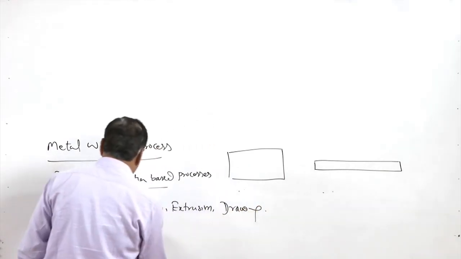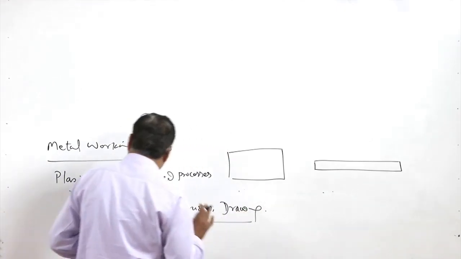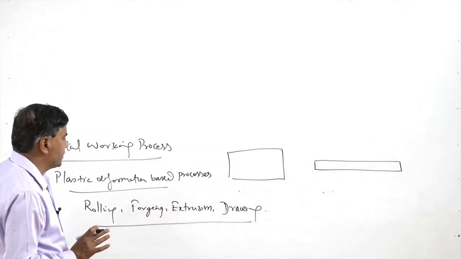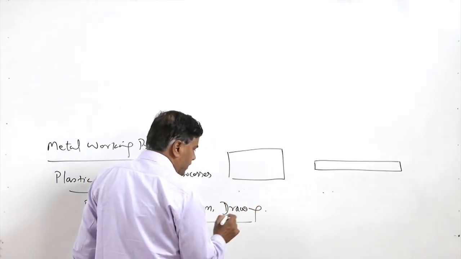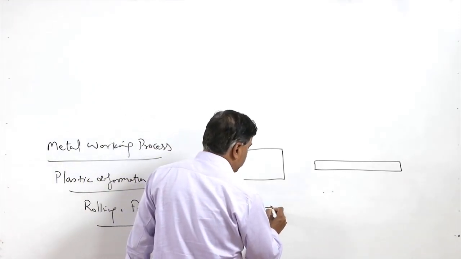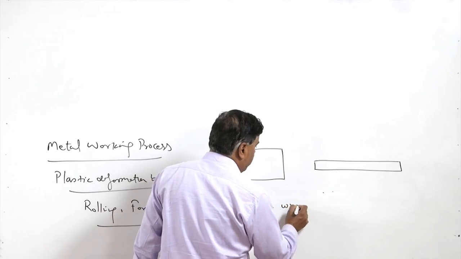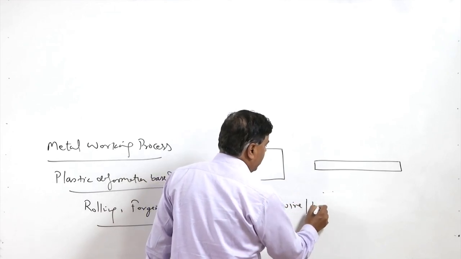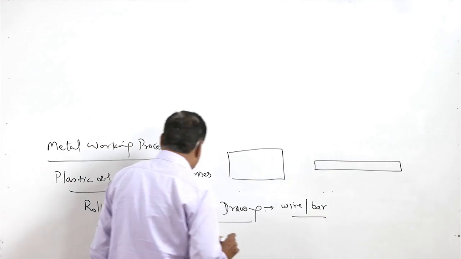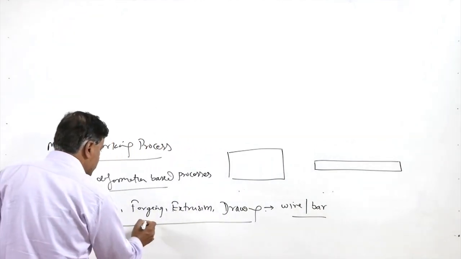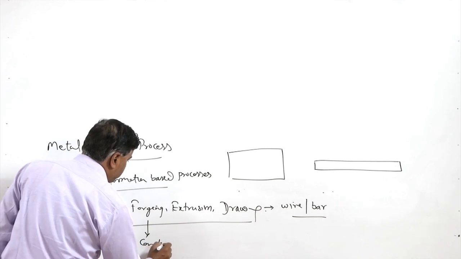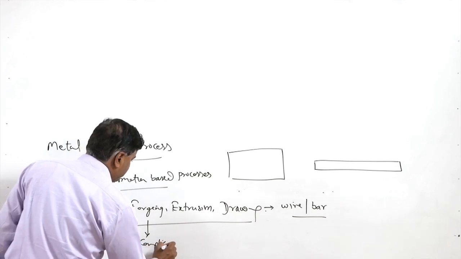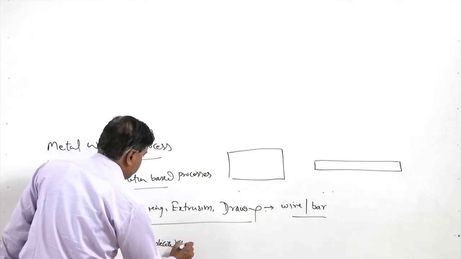These are the most common plastic deformation based processes which are used for different purposes. For example, drawing is used for making wires and bars, while the others are used for making complicated shapes.